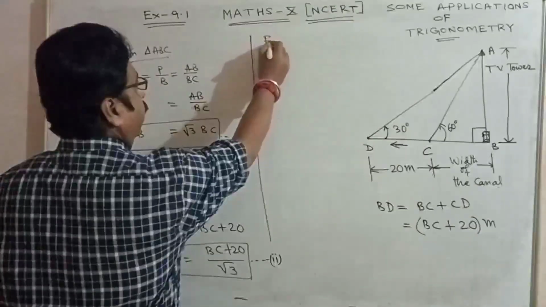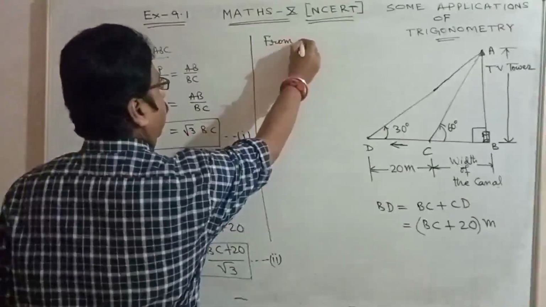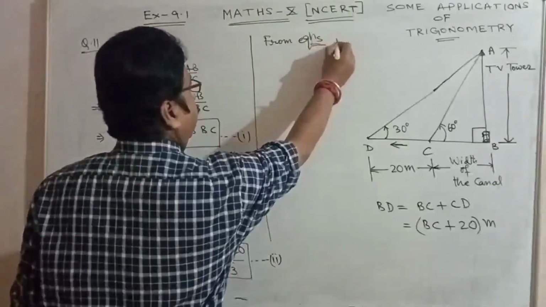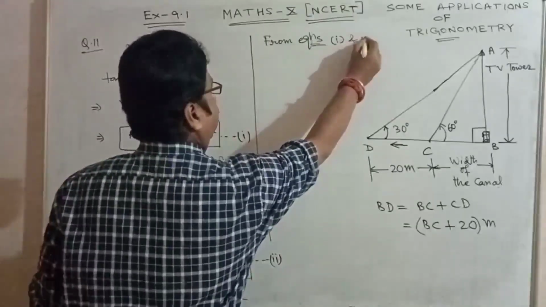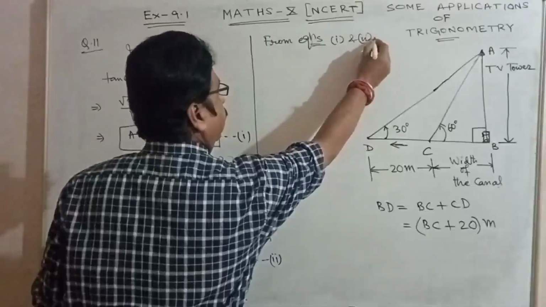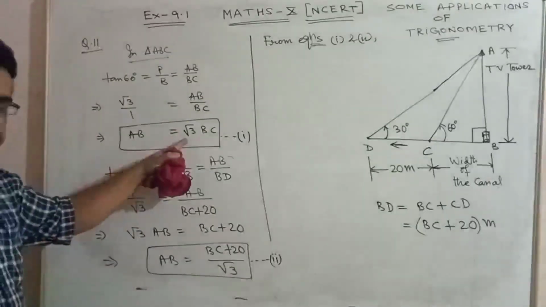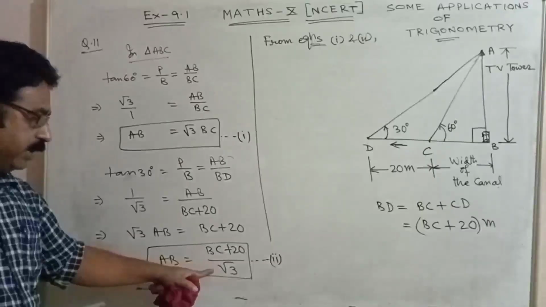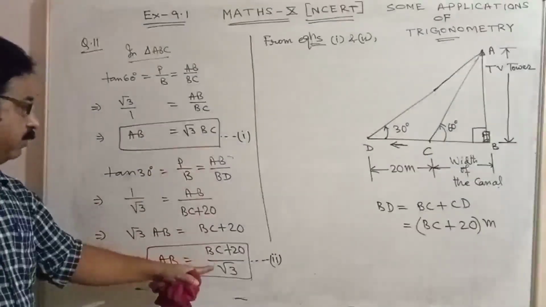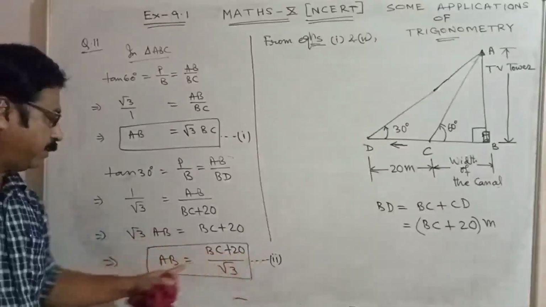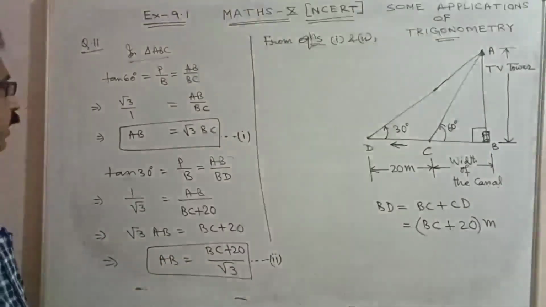From equation 1 and 2, right side will be equal to right side of equation 1 and 2, because left side of equation 1 is AB, left side of equation 2 is also AB.